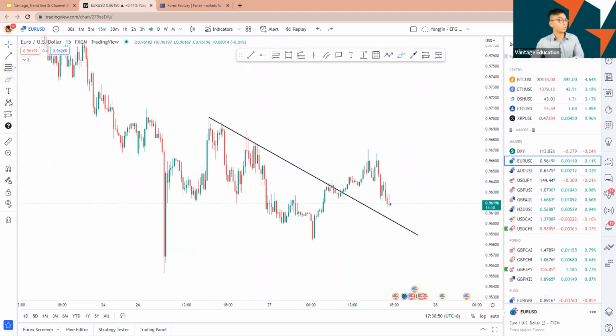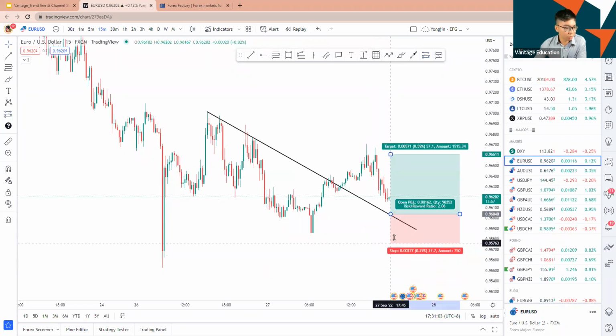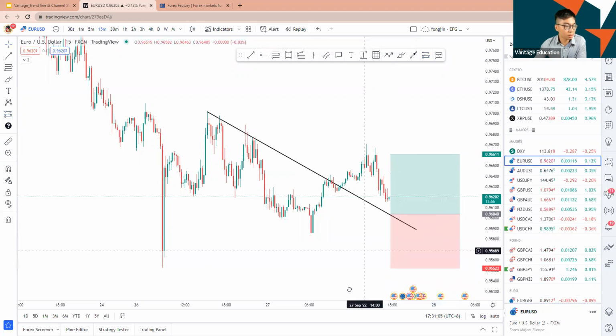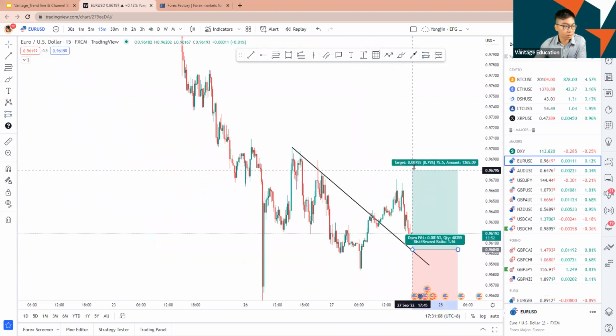So right now, I wouldn't recommend it, but from a retail perspective, some of my friends actually still use trend lines. What I see that they do, they might have a buy order somewhere, stop loss below here, and a target somewhere up the way.